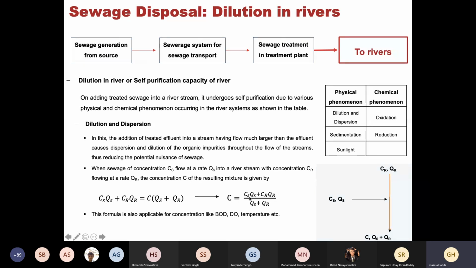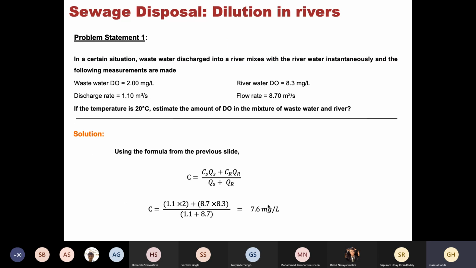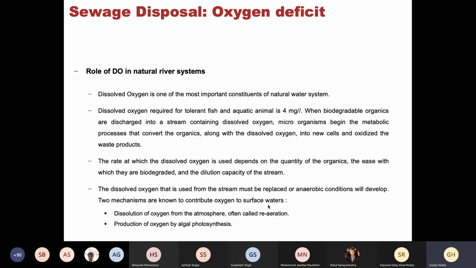CS is the concentration of the pollutant in sewage, QS is the flow of the sewage, CR is the concentration of that pollutant, for example BOD, in the river, and QR is the flow of the river. So it is a kind of weighted average concentration. You can see a simple example of the same.